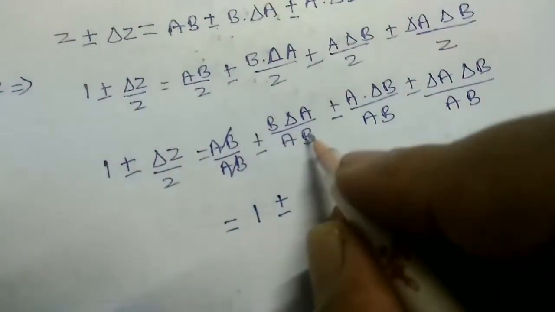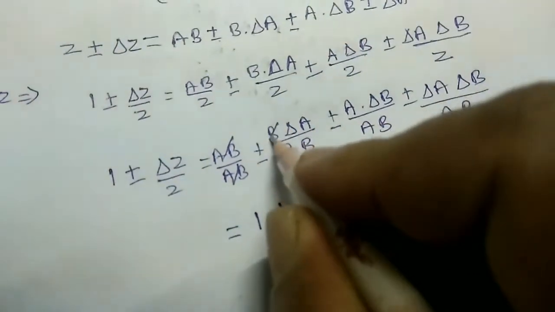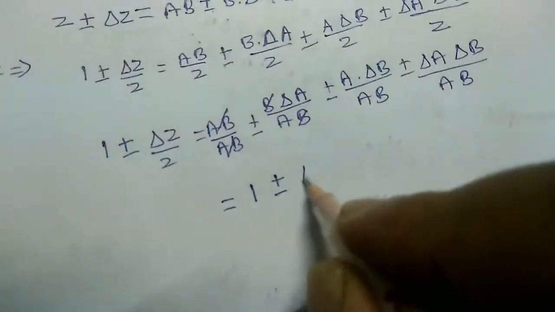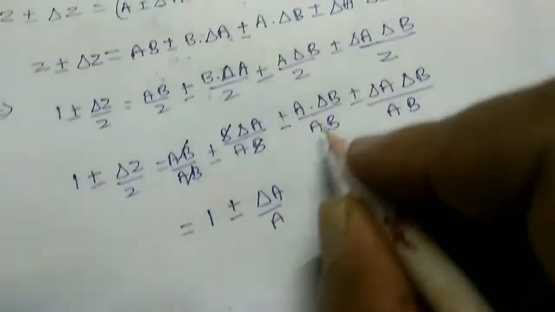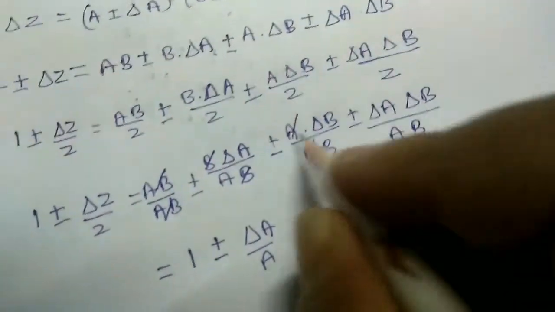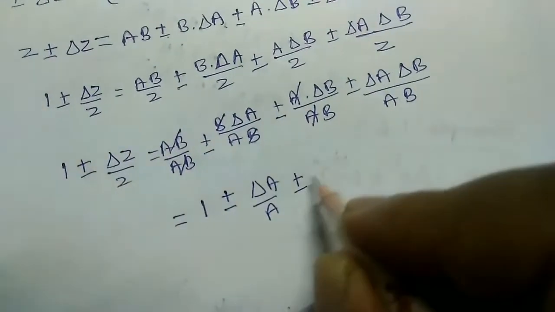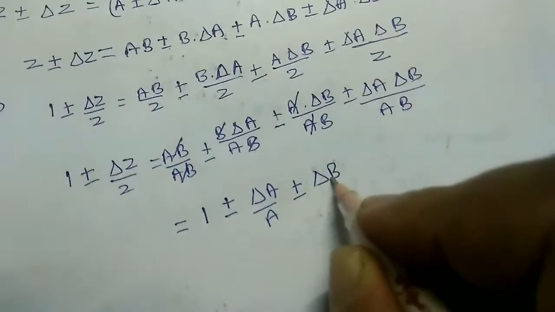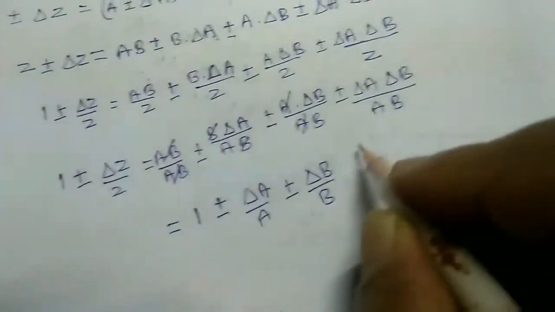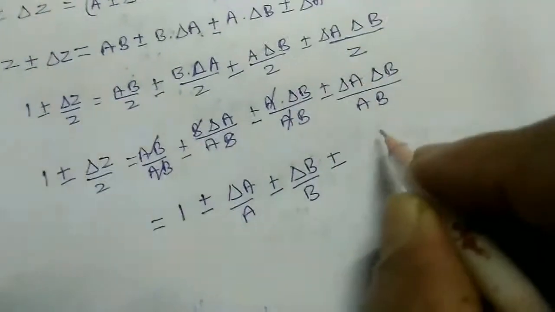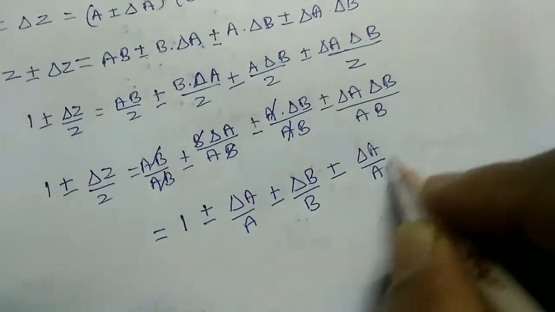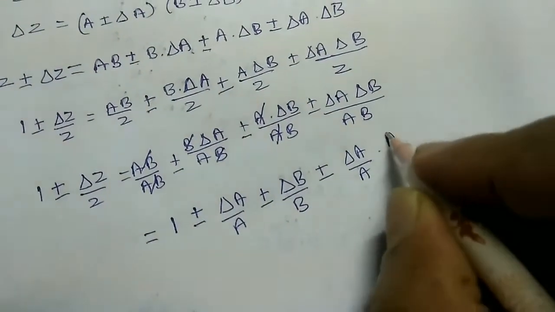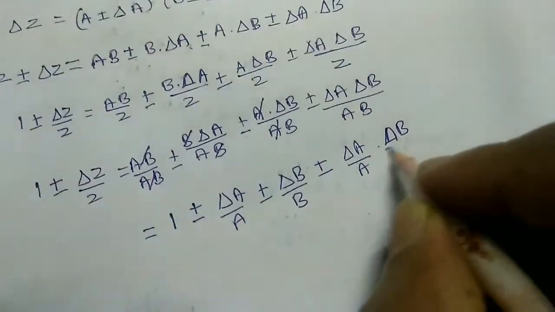Here B gets cancelled, and we get del A by A. Here A gets cancelled, and here del B by B. Here nothing gets cancelled, we just write del A by A and del B by B. Okay students.